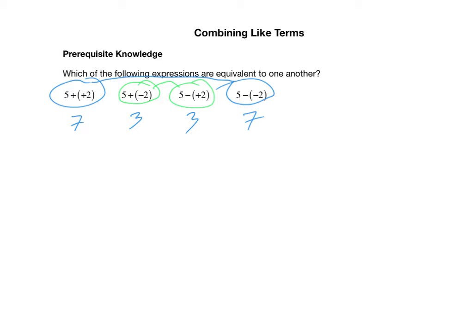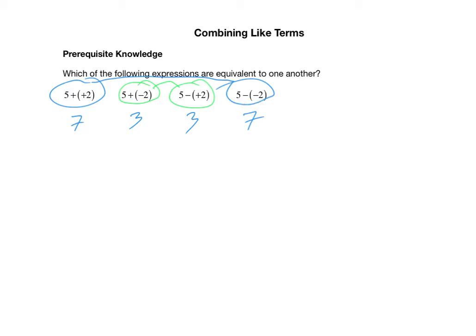Let's see if from here, you can recall some basic arithmetic facts with signed numbers from your past. 5 plus positive 2 is the same thing as 5 minus negative 2. You may recall that adding a positive number is equivalent to subtracting a negative number. It's like adding on a good thing is the same thing essentially as taking away a bad thing.